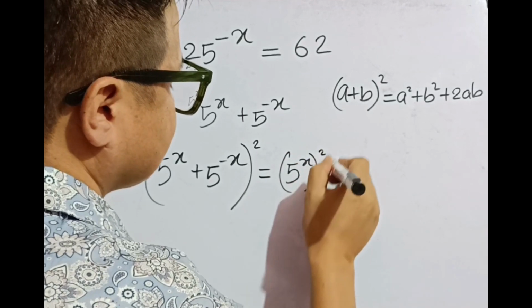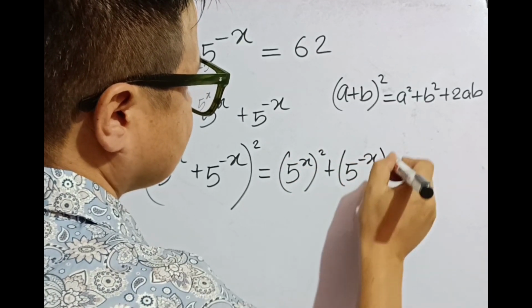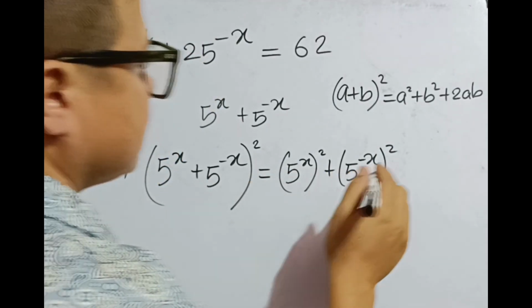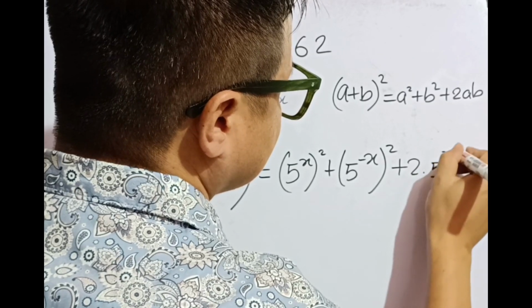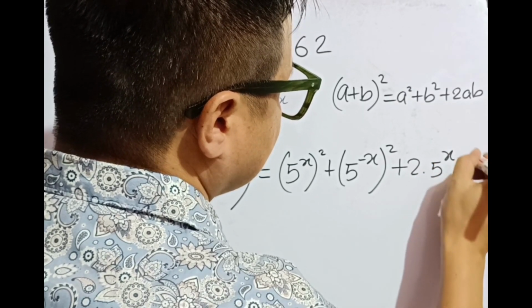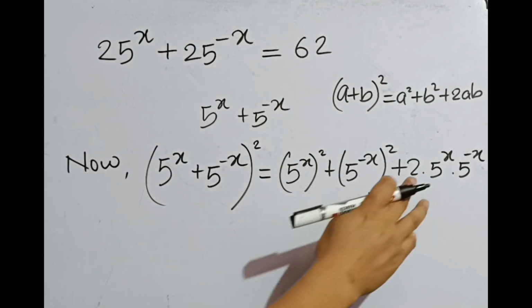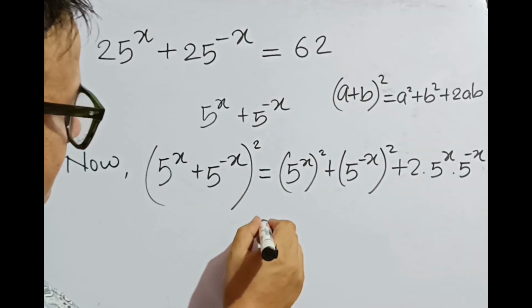Square of the first term is 5 raised to the power x, whole squared. Second term is 5 raised to the power minus x, squared. Plus 2 into 5 raised to the power x into 5 raised to the power minus x.